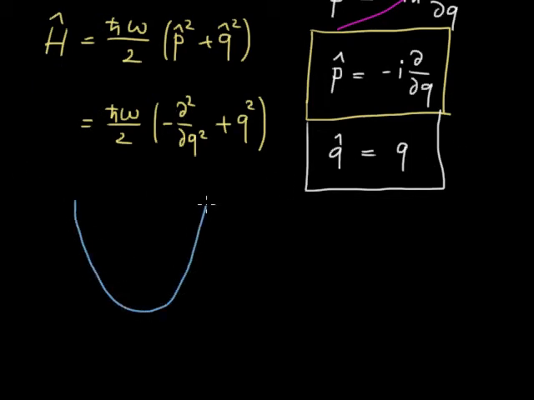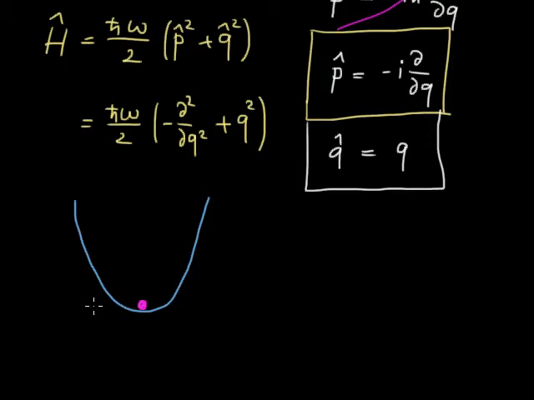So we have this harmonic potential here, and we would expect that this harmonic oscillator behave at least somewhat similar to a classical oscillator. So if I would put a ball down here, nothing is going to happen. So this is the classical case of the lowest energy state.